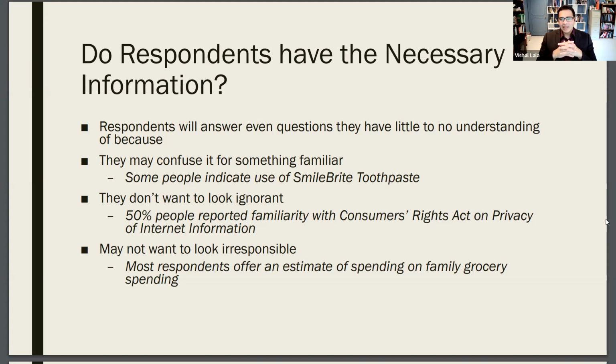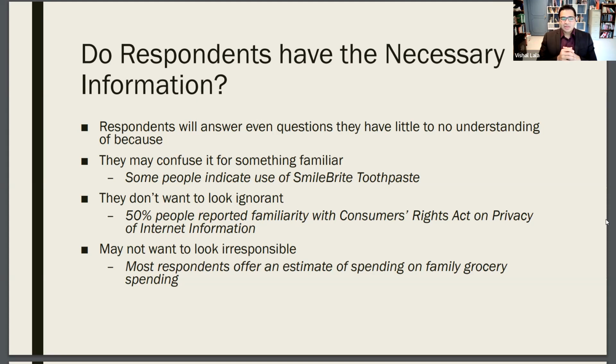Oftentimes people will answer a question that they don't know an answer to because they don't want to look silly. So in one example, respondents were asked about a made-up act, one called Consumers' Rights Act on Privacy of Internet Information. It is again concocted, not real. About half of the respondents indicated familiarity with this made-up act because, again, they don't want to look silly or foolish.